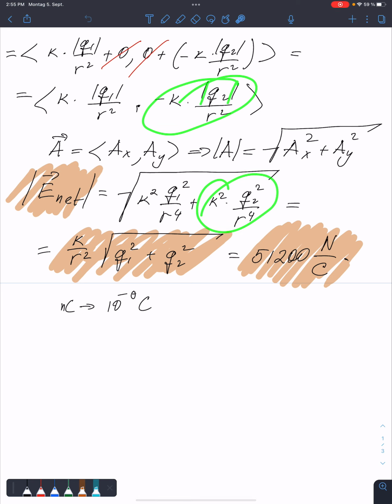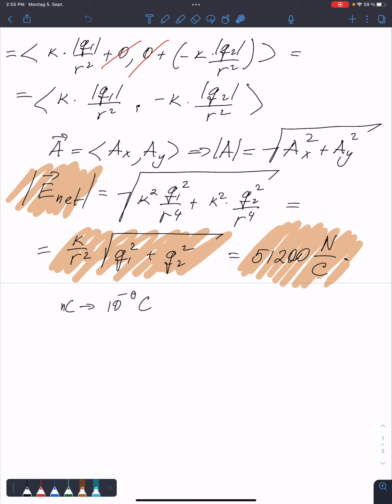The magnitude squared will give me q2 squared, and the minus sign disappears once I square it. I can simplify a bit: I pull out of the square root k squared over r to the fourth, and it will be just k over r squared times the square root of q1 squared plus q2 squared. This is my final result in analytic form.